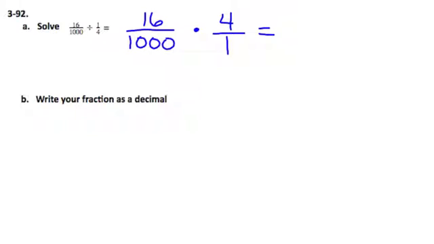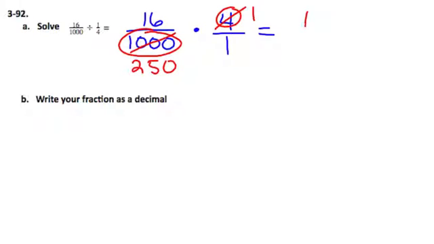So now, 16/1,000 times 4/1, those are 2 big numbers. So we could look for any simplifying that we can do. Some kids might divide it by 2. You could also divide each one of these by 4. 4 and 1,000 can both be divided by 4. 4 divided by 4 is 1. 1,000 divided by 4 is actually 250.